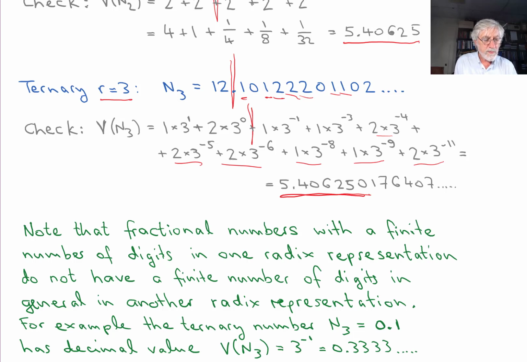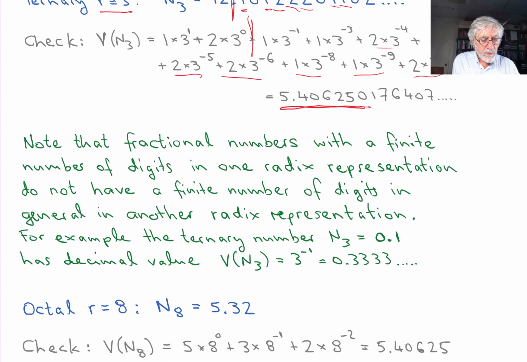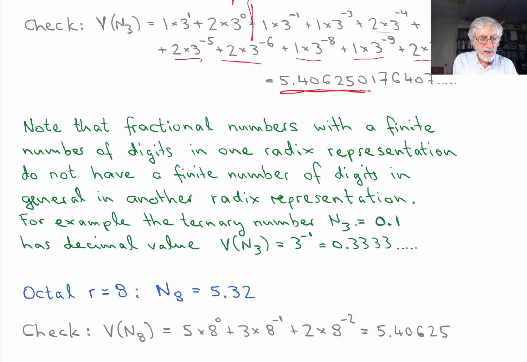So in general, if you have a fractional number with a finite number of digits in one radix representation, like here in the decimal representation, we have 5.40625, so that is a finite number of digits, then we do not necessarily have a finite number of digits in another radix representation. For example, if you take the ternary number n3 equal to 0, the radix point, and then 1, that would mean that this is equal to 1/3.